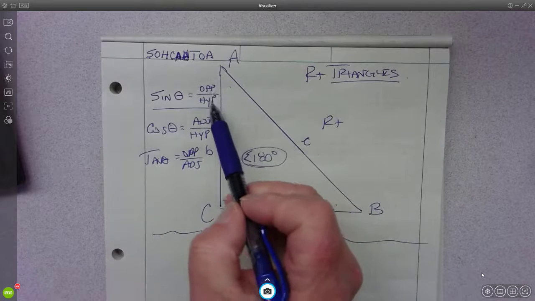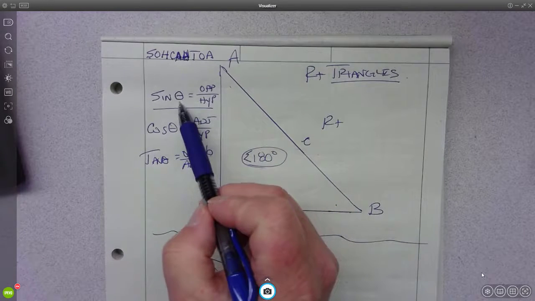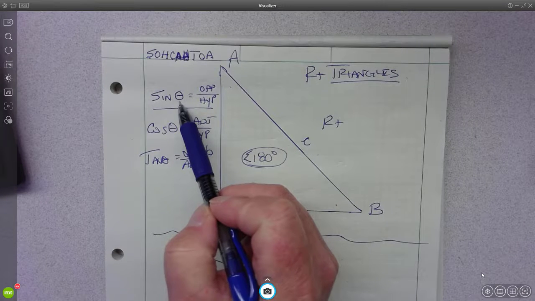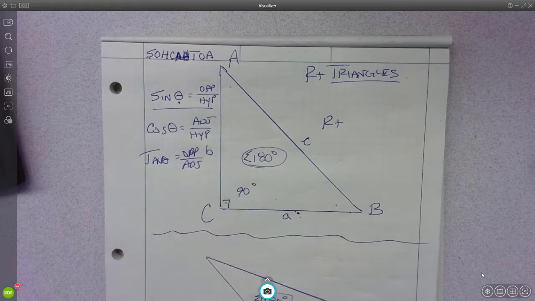So here, if I know these two sides, I can get the angle. You have to work with what you're given. You can't just say, I'm going to use the sine function because that one I like the most. Well, it's not going to work all the time. You have to choose based on what you know and what you solve for.